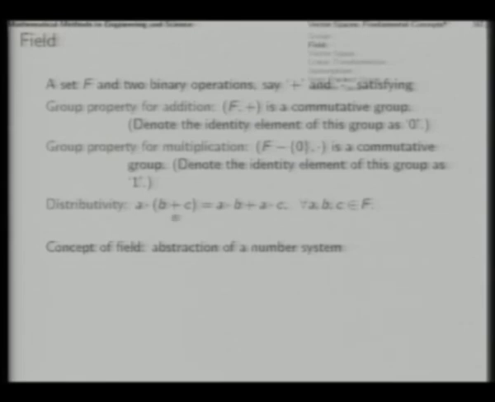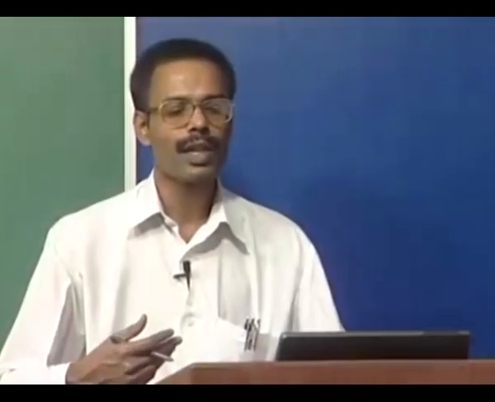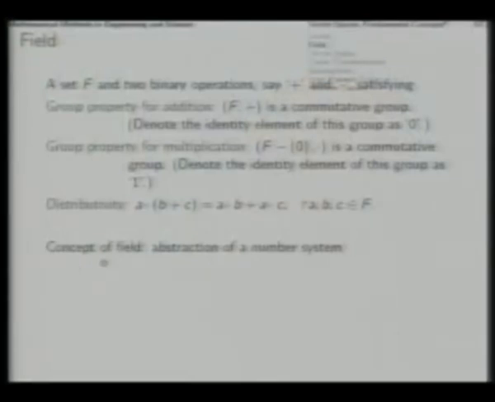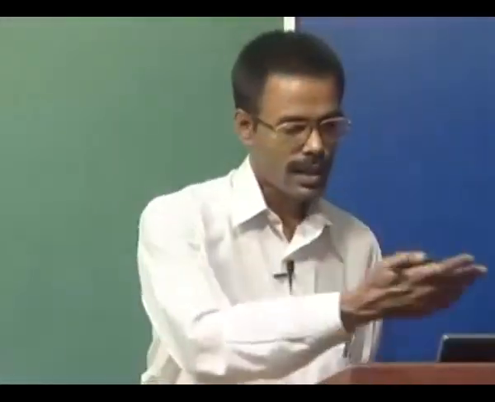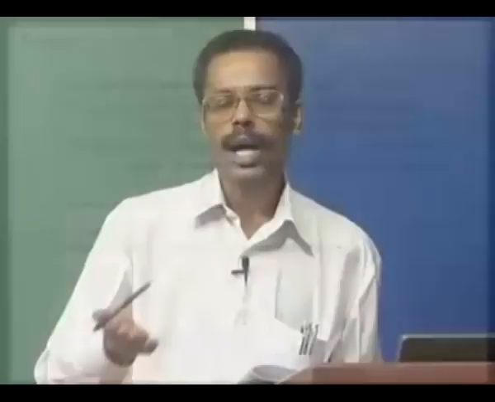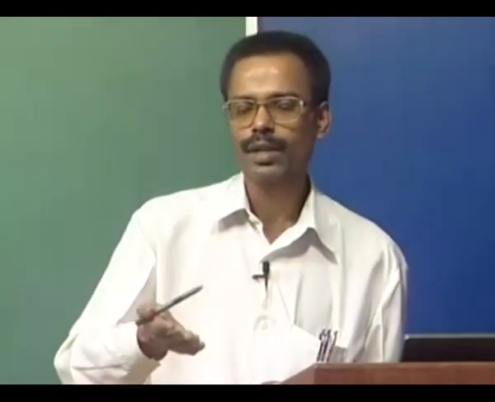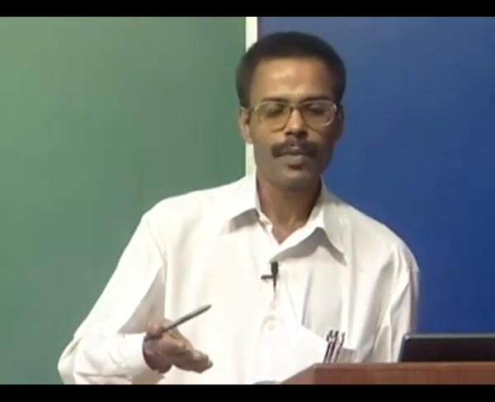If this also holds for all a, b, c in the set F, then we call these together, this F with the two binary operations, what is called a field. Now, this concept of field is actually the abstraction of a number system. So, whatever is defined here formally applies to all the number systems that we use.